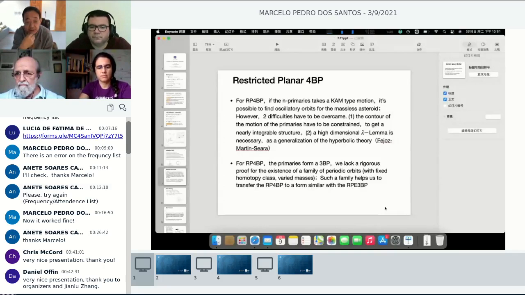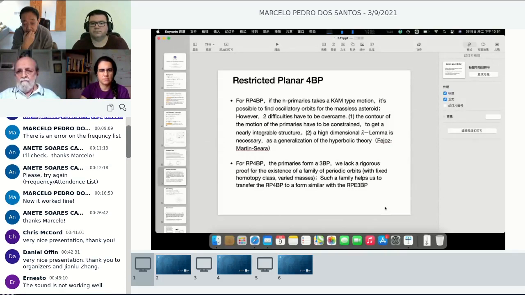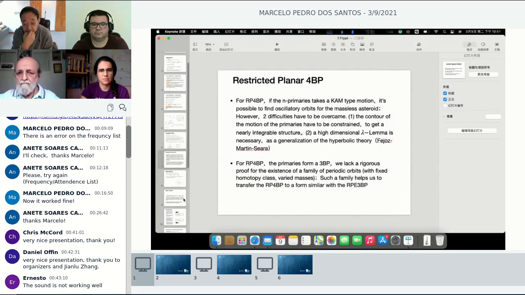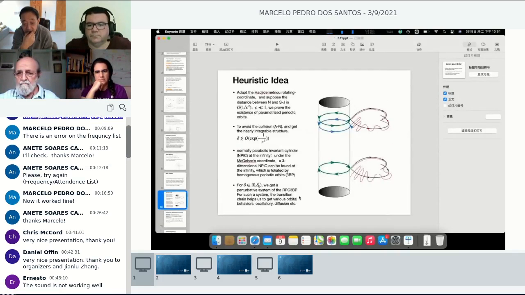Also this KAM orbit is stable, but the problem is that it will lead to a complicated dynamics on the invariant cylinder. So we can see that the cylinder is here. If the primary makes KAM motions, basically this invariant cylinder is foliated by quasi-periodic invariant tori, right?